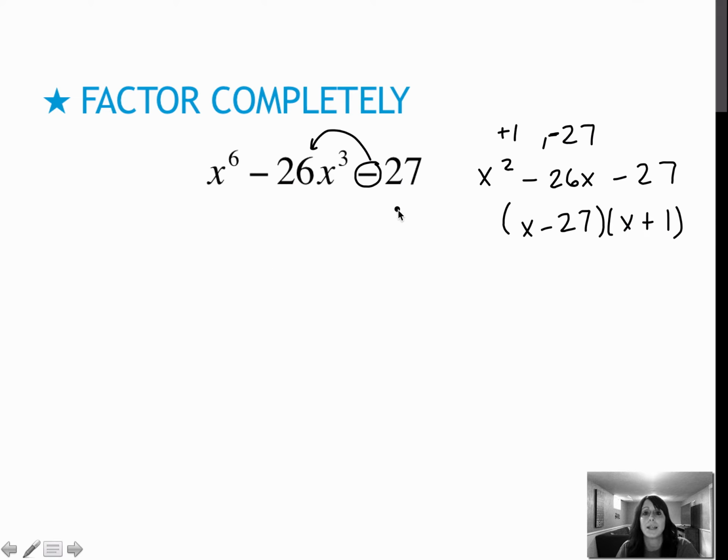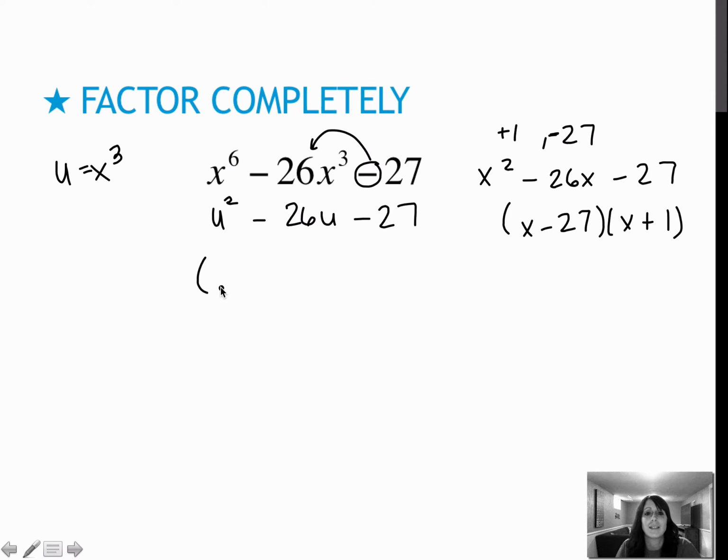This is the same idea, except instead of x, we're going to say, what if u was x cubed? Well, couldn't this be u squared minus 26 times u, because I've replaced it with the x cubed, minus 27?